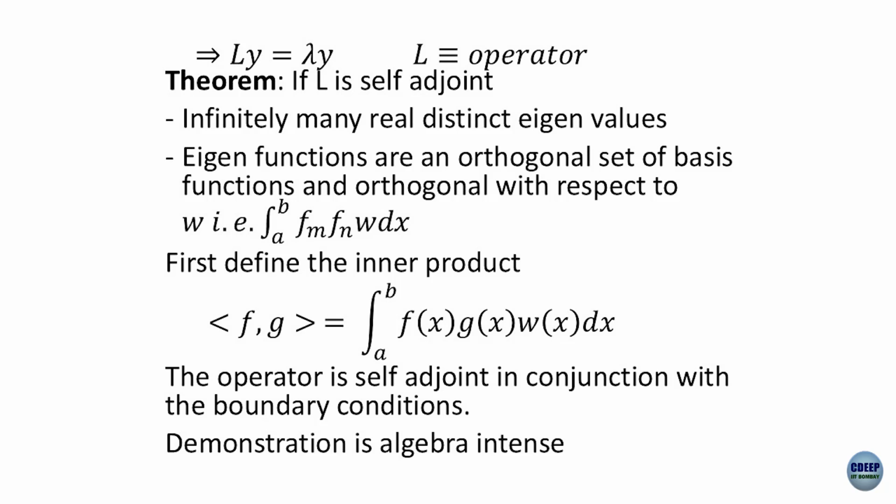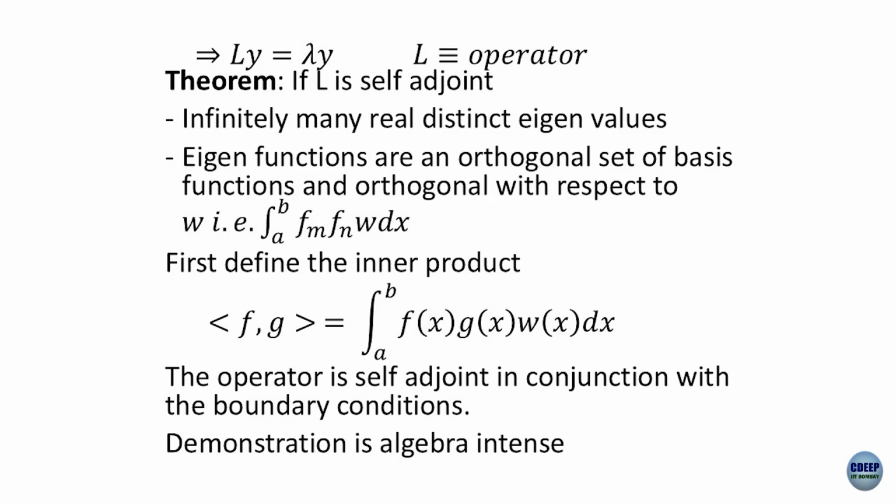What are basis functions? Basis functions are functions which you claim are required for you to completely specify a particular function in terms of those functions. Those are basis functions.